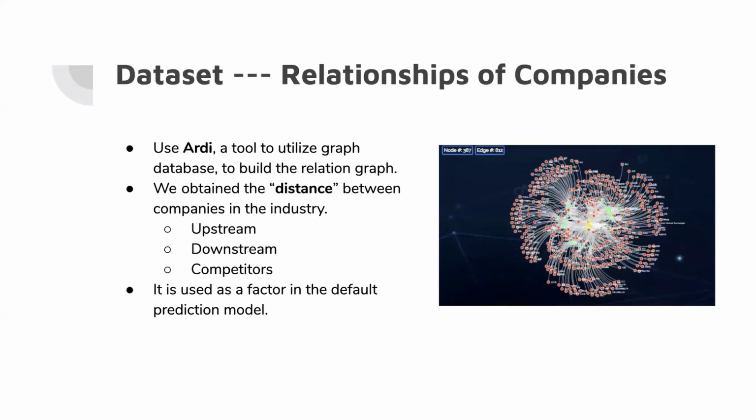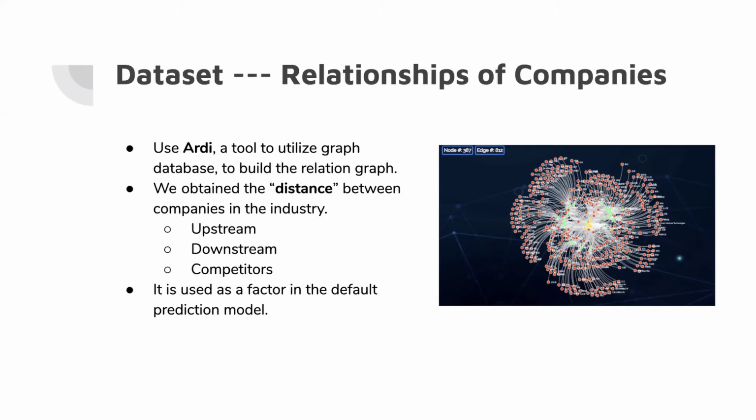Okay, now here come the relationships of the companies. To count the relationships, we use a tool called RD. This tool can help us build a graph database, and this database can show us the relationships between companies. We can get a concrete number which represents the distance between companies in the country.